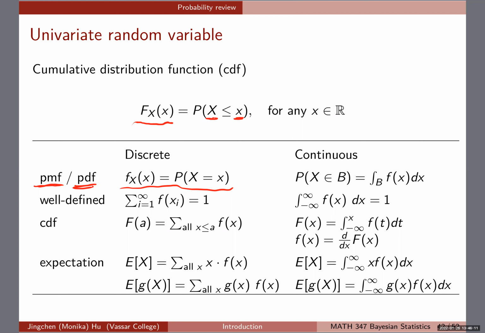And that is still defined as f_X, f little x, but it's defined through looking at the probability of the random variable X falling into a range or an interval, if it's univariate. And we're looking at the probability of this event by integrating the PDF function within that region.